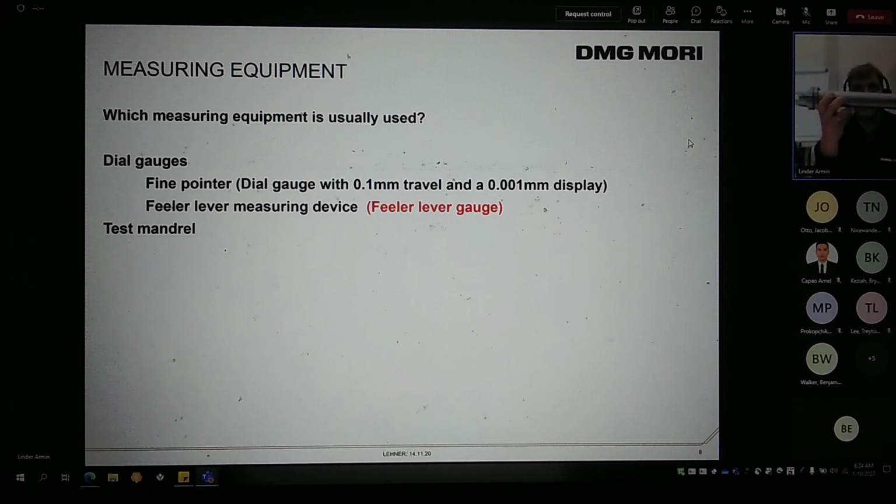So in that case, we have an HSK, and maybe, did you see it in the camera, or should I make the camera bigger? I can see. You can see. Yeah, also in HSK we have 4 positions, and we will go later on through the test mandrel and how to use it.